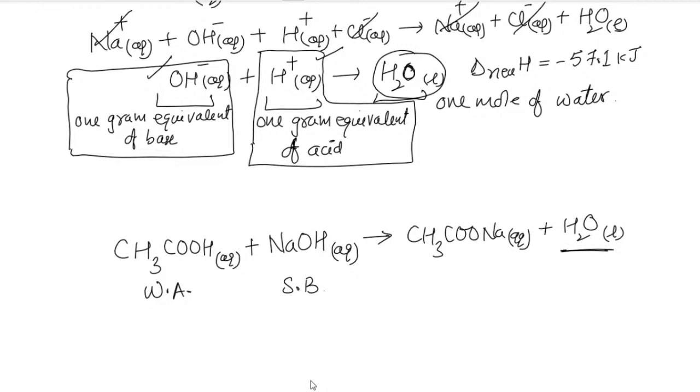But in this case, can you tell me enthalpy of neutralization value, energy released, is more or less? Is it more or less than the value of strong acid and strong base? It should be less than the value given to you.